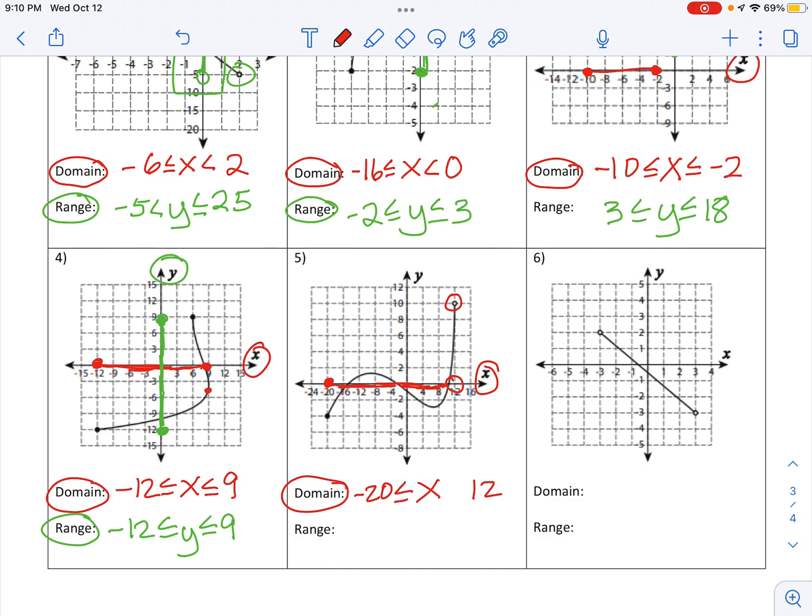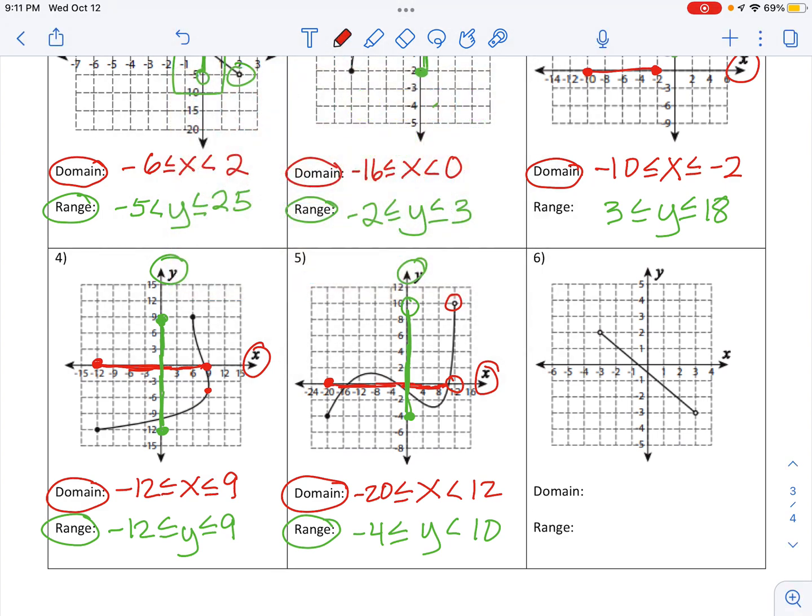At -20 it would be equal to, at +12 it is not. The range, looking at the y's, the lowest y value is down here at -4, and this function continues upward all the way until we hit +10. So the y's are between -4 and +10. At -4, it's a solid circle. At +10, it's an open circle.